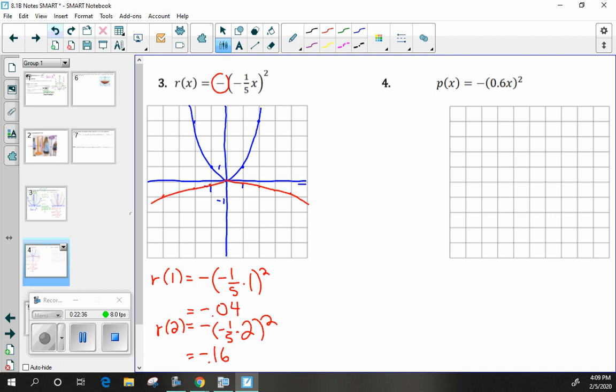That's because on your horizontal stretch and shrink, not slide, you are using the reciprocal of your a value as your scale factor. So our scale factor for this is a negative 5.